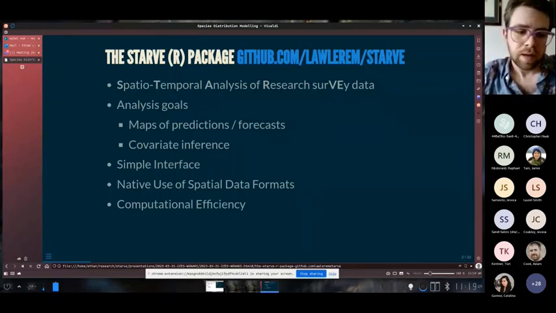So if you're used to working in ArcGIS or other GIS software, exporting your data from that into R and then using the STARV package is a pretty seamless experience. And then also computational efficiency is a huge concern when you're doing spatial modeling and spatial temporal modeling. And so getting these models to run quickly so that you can focus more on the actual modeling instead of just waiting for things to run.